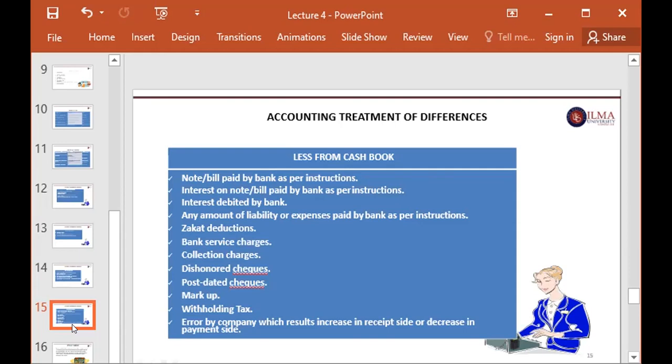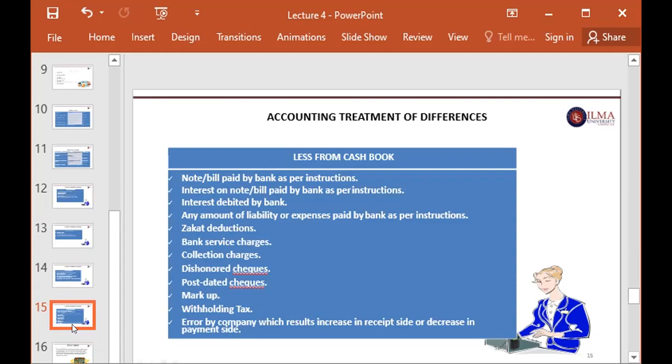Any amount, liability or expense paid by the bank as per instructions. Any type of deduction like zakat deduction, any type of charges like bank service charges, collection charges, dishonor charges, or post-dated check charges, will be deducted from the cash book.